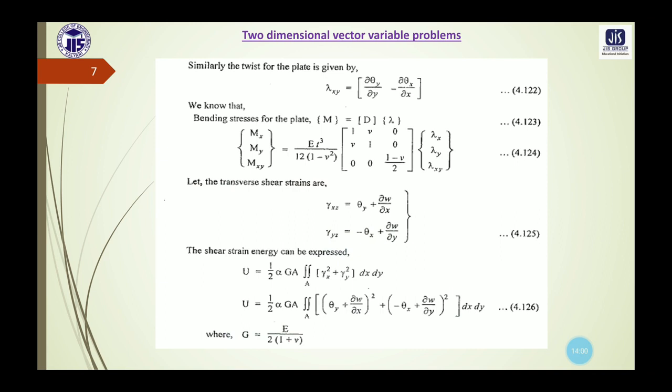Here, instead of gamma x and gamma y, we can put the values that we have seen earlier, and finally we get equation number 4.126. Here G equals E divided by 2 into 1 plus nu, where E is the Young's modulus and nu is the Poisson's ratio.